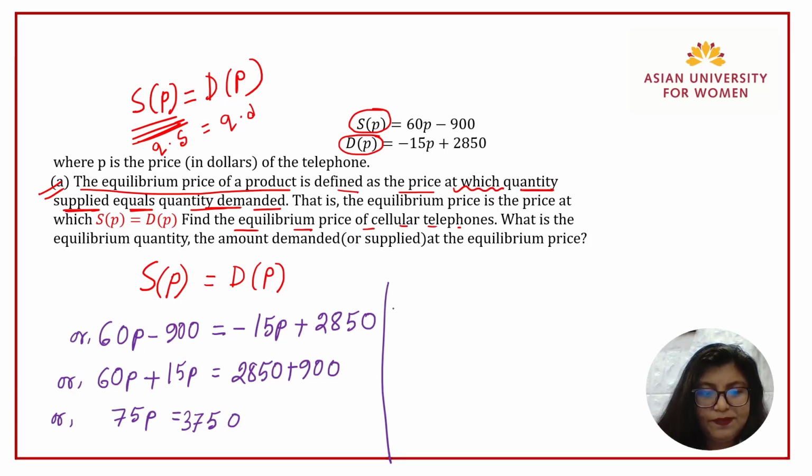Now you see that P is the equilibrium price at which the supply is equal to demand. P is equal to 3750 divided by 75.